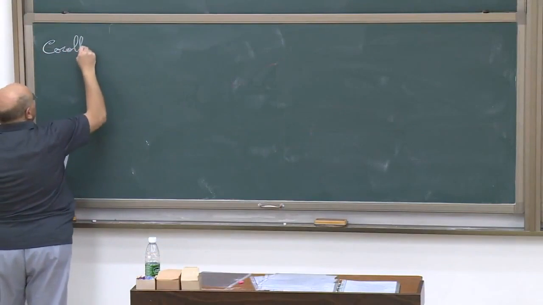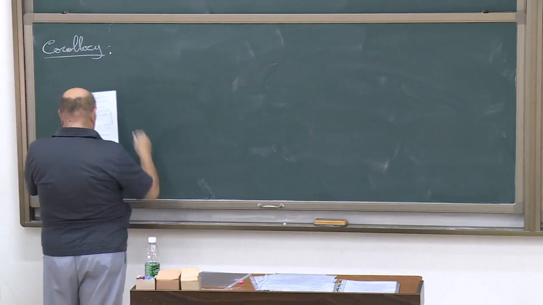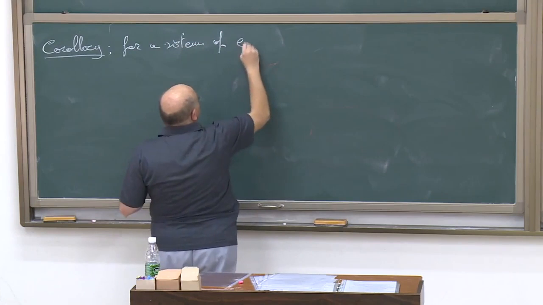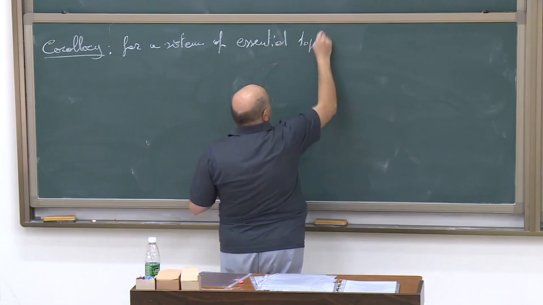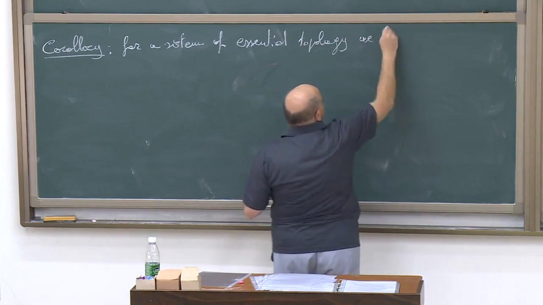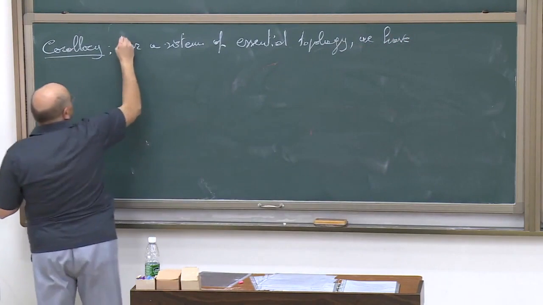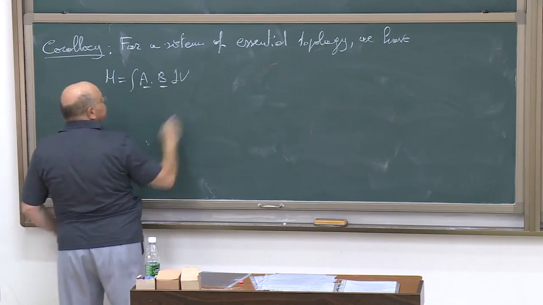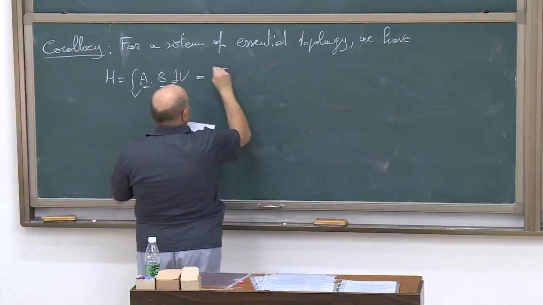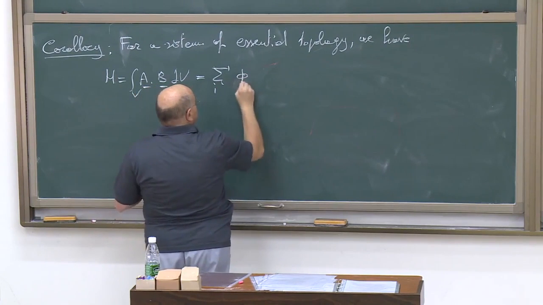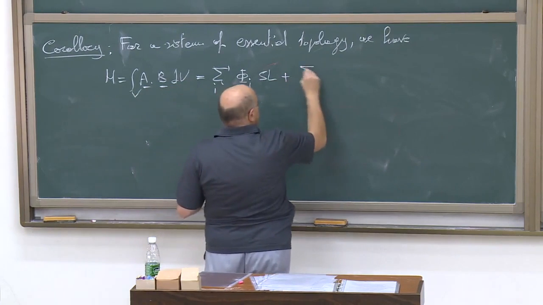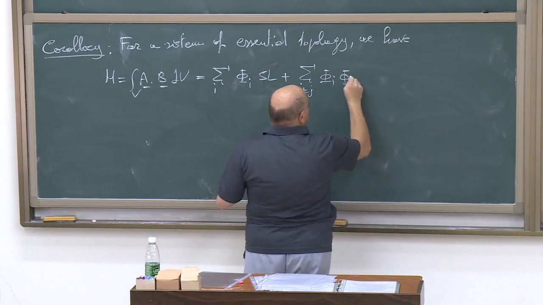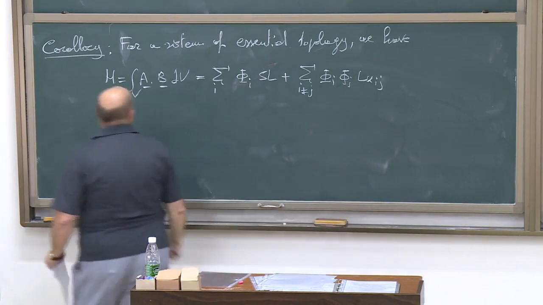So as a corollary, we have the following H for a system of essential topology: H, the integral of A dot B dV, is equal to the sum over i of phi_i SL_i, plus the sum over i different from j, with a 2 there, of phi_i phi_j LK_ij. That's it.